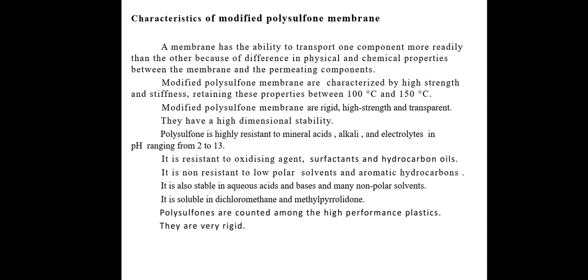Modified polysulfone membranes are characterized by high strength and stiffness, retaining these properties between 100 degrees Celsius and 150 degrees Celsius. They are rigid, high strength, and transparent. They have a high dimensional stability.